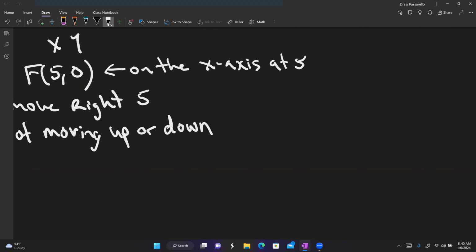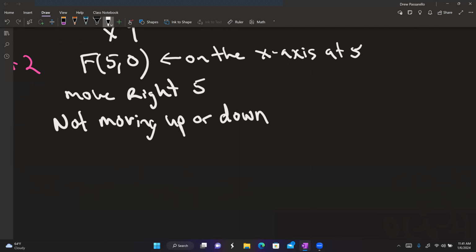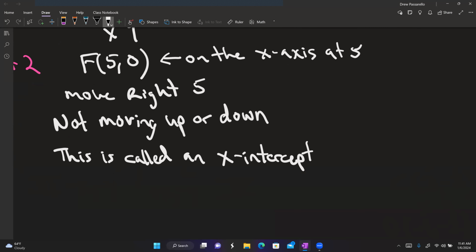First coordinate is x, second coordinate is y. You wouldn't want to put it at 5 on the y-axis because that would be a y-intercept. All right, and so this is called an x-intercept. And I would abbreviate that as x-int. And I would say x-intercept is 5.